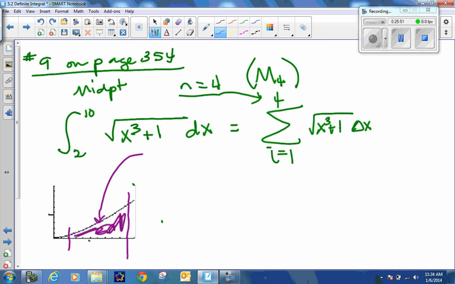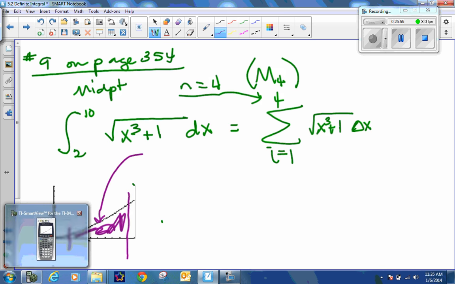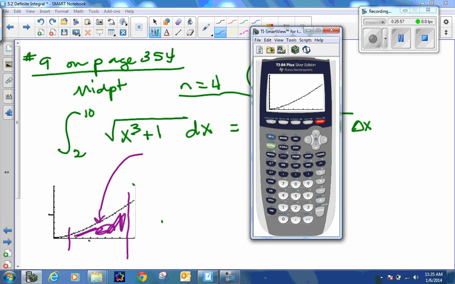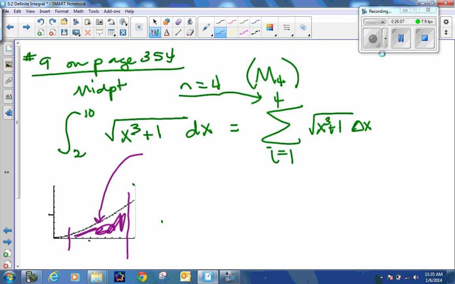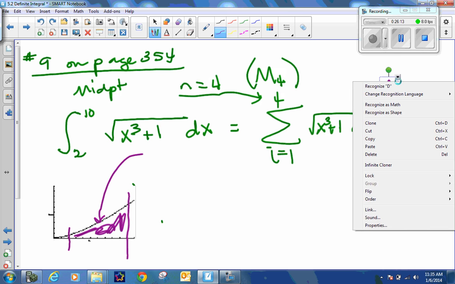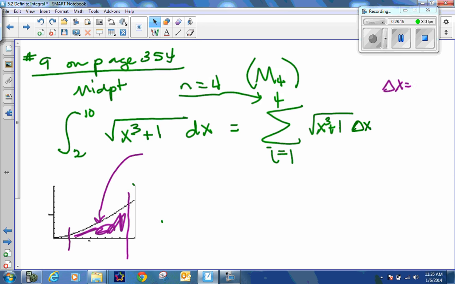All right, so since we have it on the calculator, we can use the table. We have n equals 4. So let's figure out first that from 2 to 10, the change in x is b minus a over n.